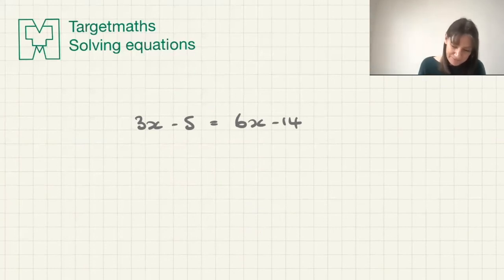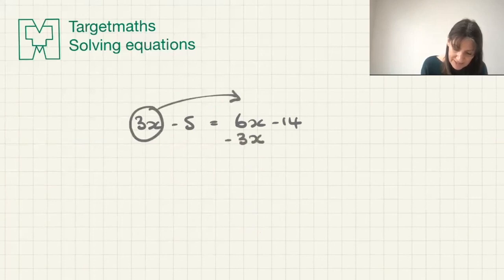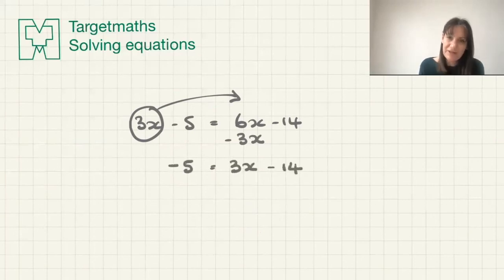Okay, so looking at this, I've got my 3 x's over here. So we're going to move those. They're going to land as minus 3x. I've got my minus 5 equaling 6 take 3, 3x minus 14. So this is a question where it's come back to front on us. If you are comfortable, you'll just carry on.